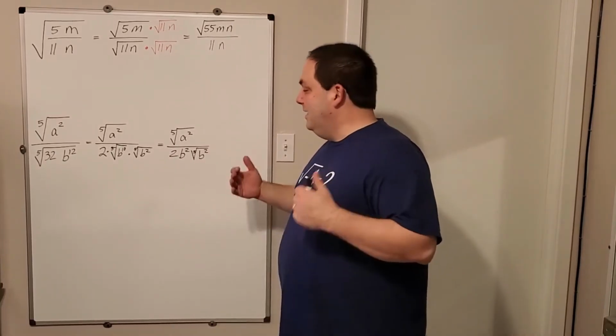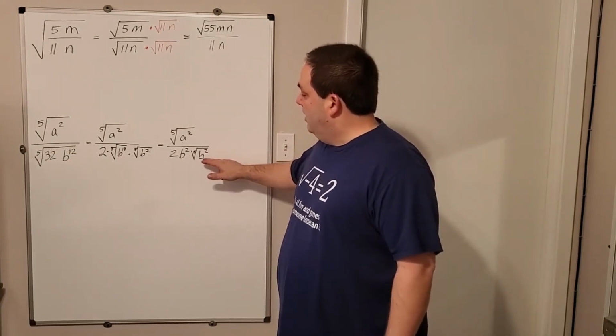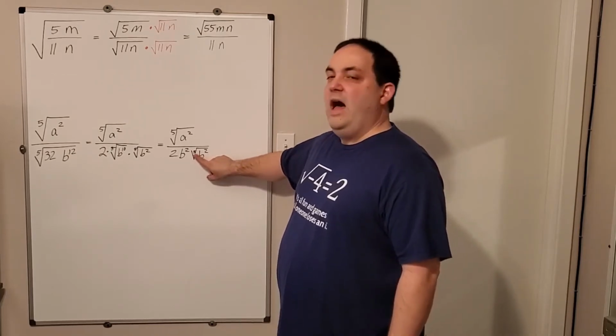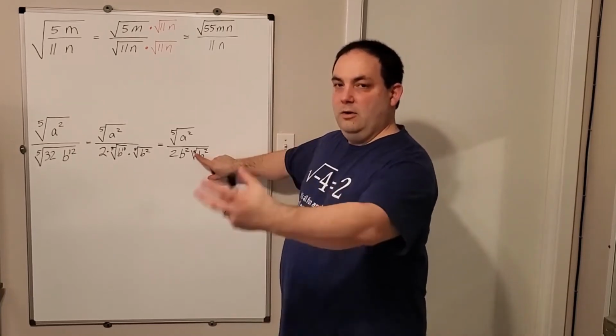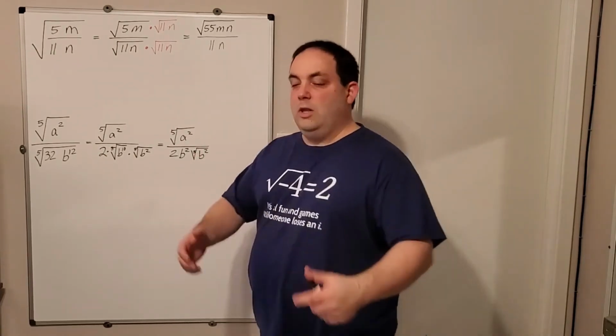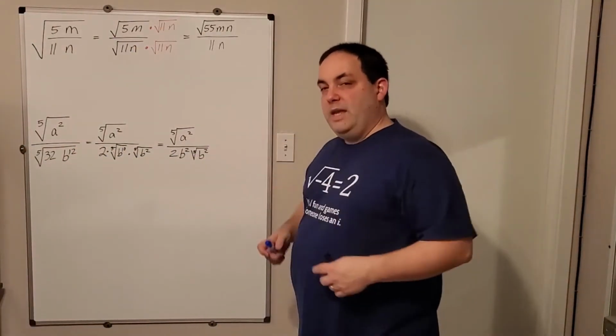I want to not have that there. So at this point, I'm noticing I've only got 2 multiplied b's here, and it takes 5 of them to make an entire grouping under a radical that works. So all I need to do is bring in that many more that will level me out to 5.